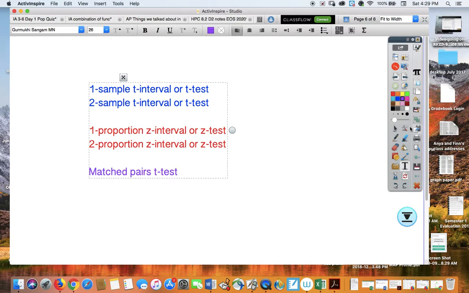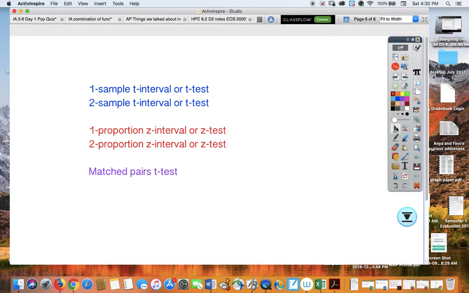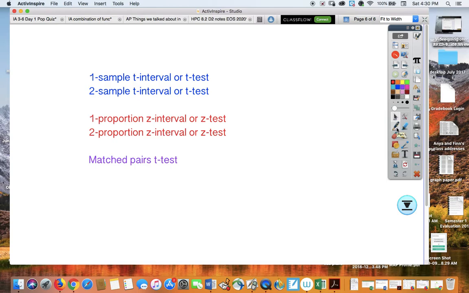And actually, because of the way that they're restructuring the AP test, those are the only ones we need to cover. So lucky for us, we got through everything we needed to before online school happened. So that shows us that we were on a really good pace. Again, the two that get confused the most are a 2-sample and a matched pairs.